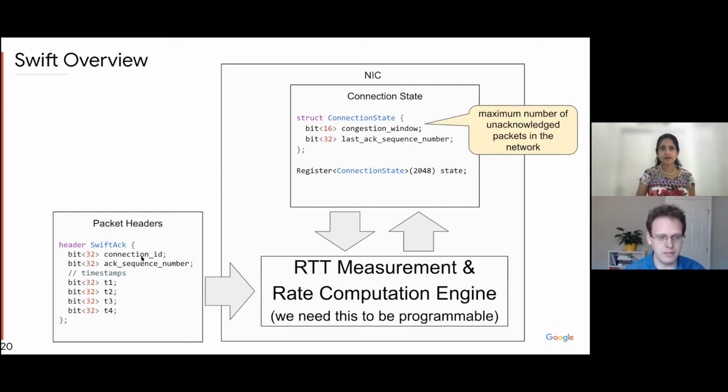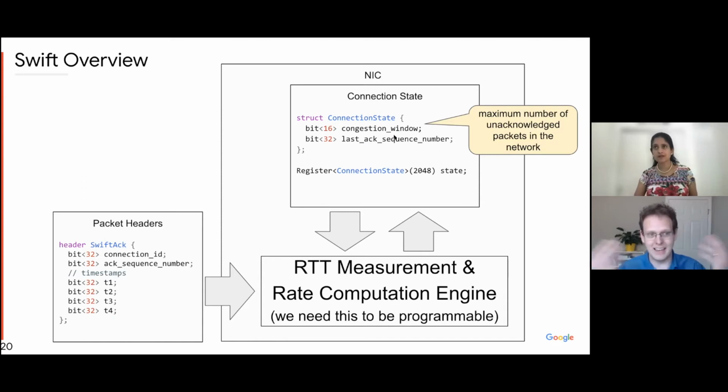So we have this packet, it goes into our computation engine. And then we also get the connection state for that packet. The most important part of the connection state is the congestion window. This basically tells us how fast we can send packets out. Formally, this is defined as the maximum number of unacknowledged packets in the network.